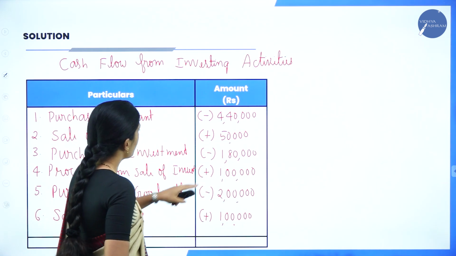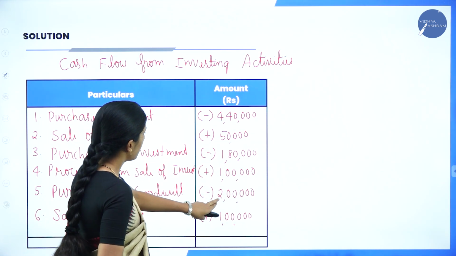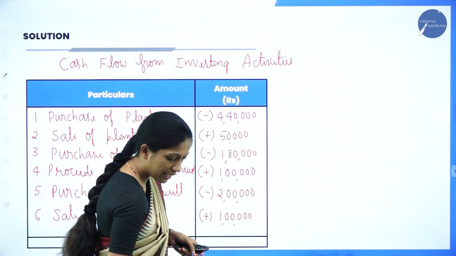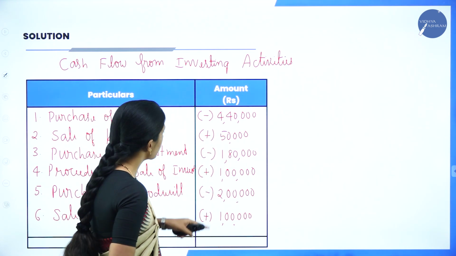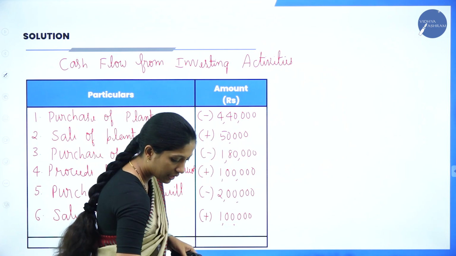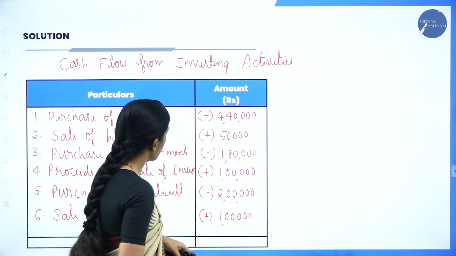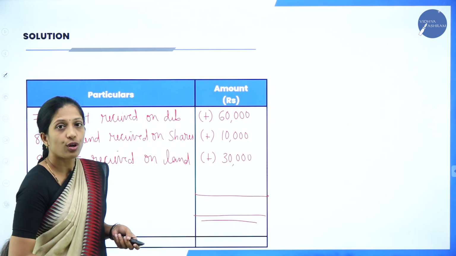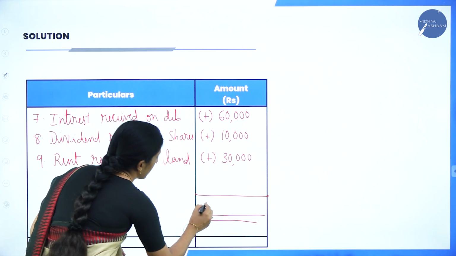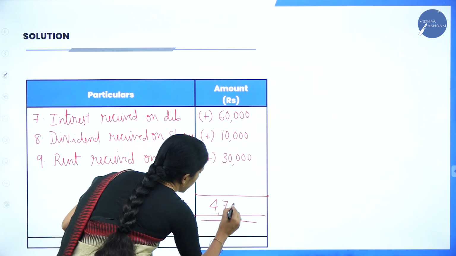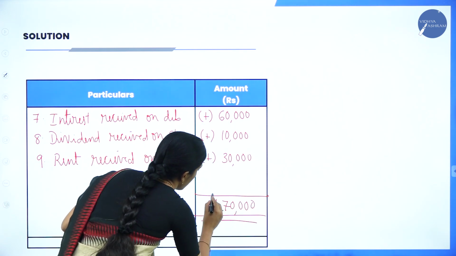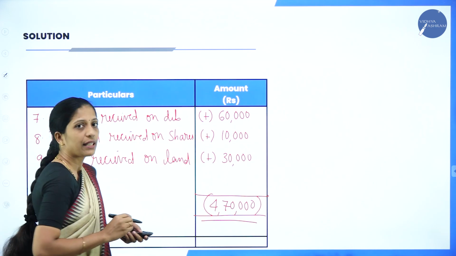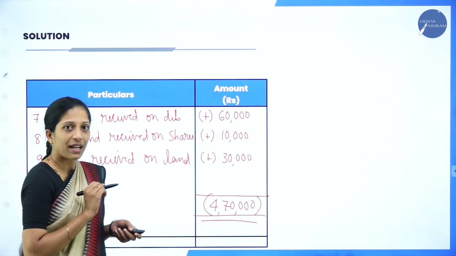So 3,50,000 minus 4,40,000 minus 1,80,000 minus 2 lakh. Yes, so you will get minus 4,70,000. If you write it in brackets, it is understood that it is minus, or you can denote it by the minus sign.